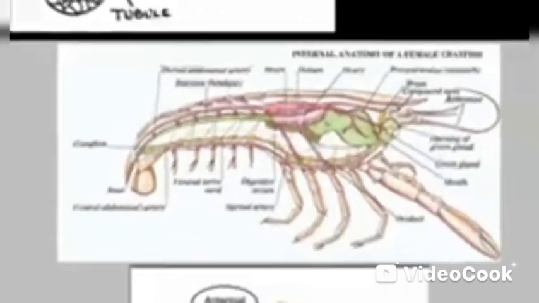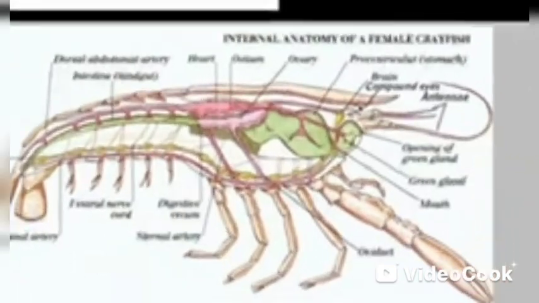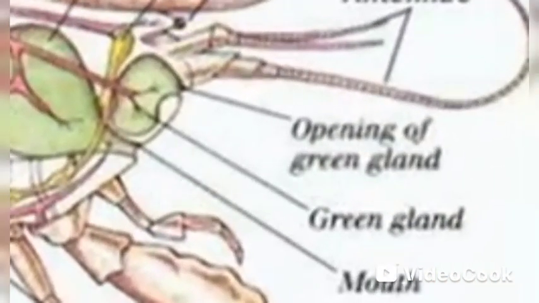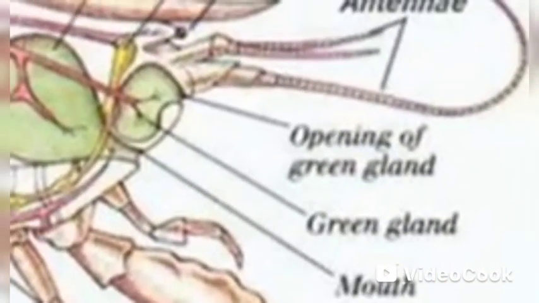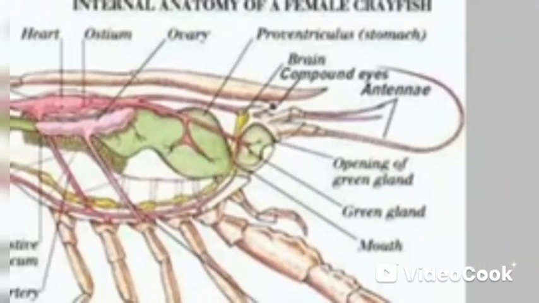And in this figure, the internal anatomy of female crayfish. Green gland, and you see the opening of the green gland, at the base of the second antenna.